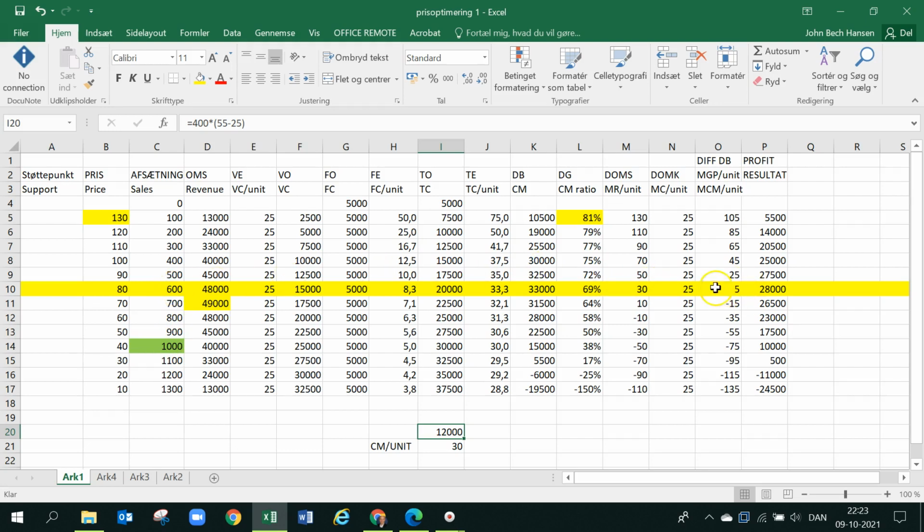So if we're looking at the Danish home market, it's actually expensive for us to reduce the price because we have a decreasing profit per unit. And actually, we can see that the last 100 we have sold, there we have an extra profit of only 500, going from a contribution of 32,500 to 33,000.